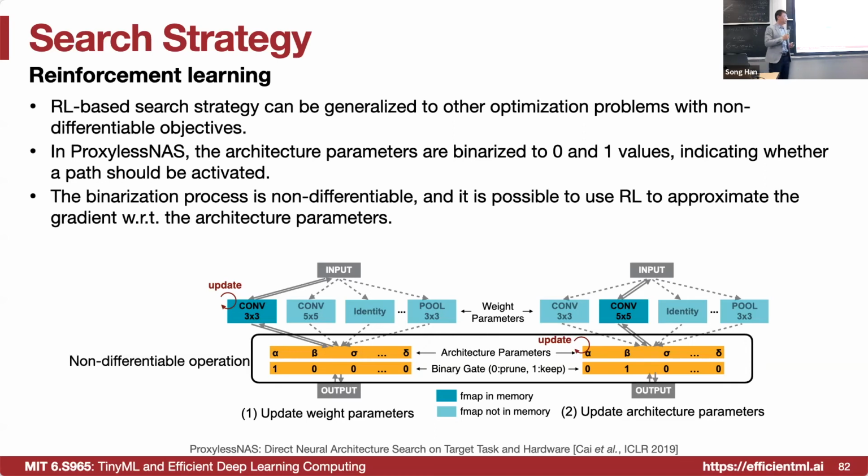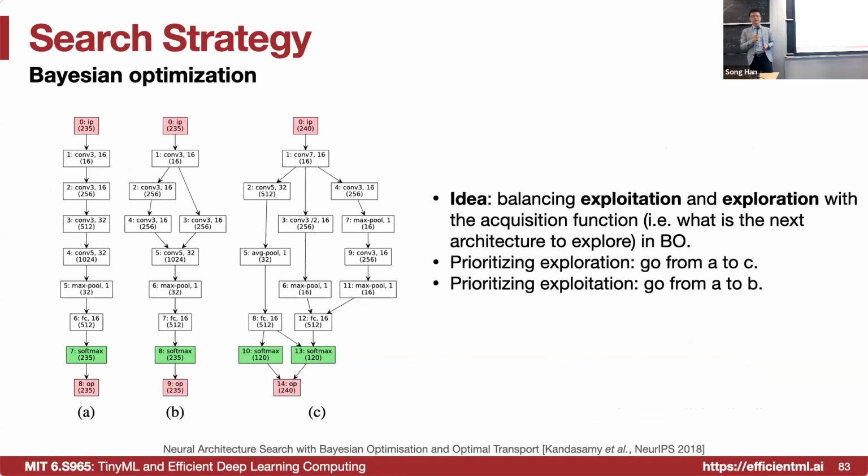But in practice, RL is not easy to tune, and the reproducibility makes it less popular, at least in our lab in recent projects. And for the sake of thoroughness, we also introduce Bayesian optimization for neural architecture search, which is basically balancing exploration and exploitation.